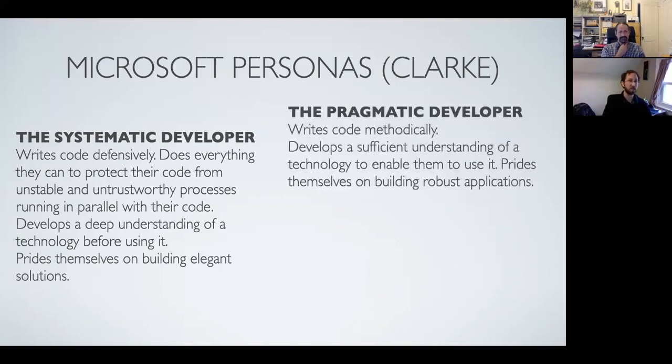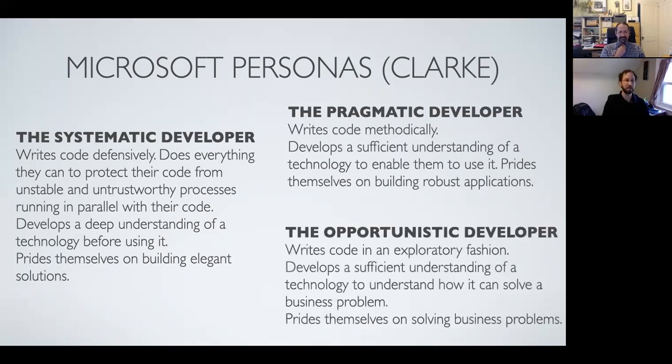In contrast, we have the pragmatic developer, who writes code methodically, develops a sufficient understanding of a technology to enable them to use it, and prides themselves on building robust applications. Notice the contrast between robust applications and elegant solutions. And then finally, we have the opportunistic developer, who writes code in an exploratory fashion, develops a sufficient understanding of technology to understand how it can solve a business problem, and prides themselves in solving business problems.